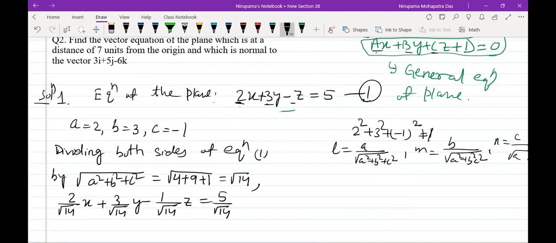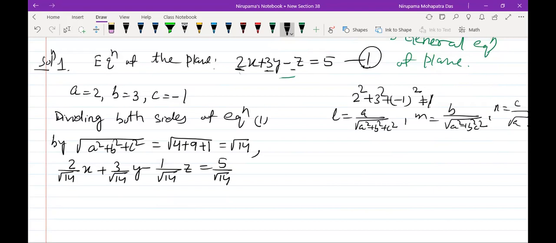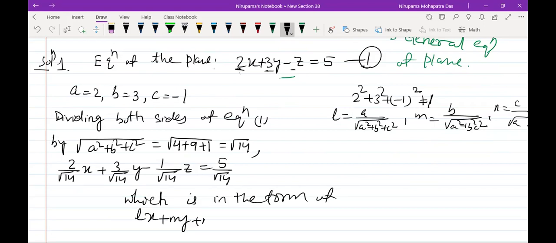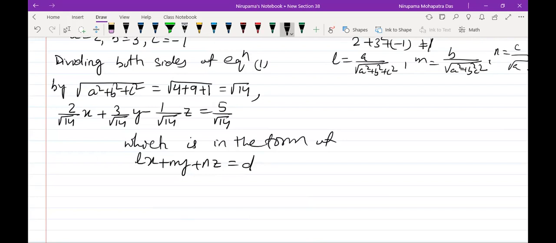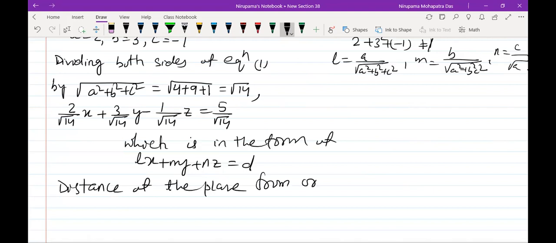Now we are getting an equation in the form Lx plus My plus Nz equal to D. That means this 5 by root 14 is the distance of the plane from origin, equal to 5 by root 14.